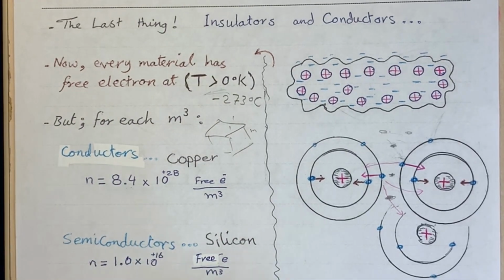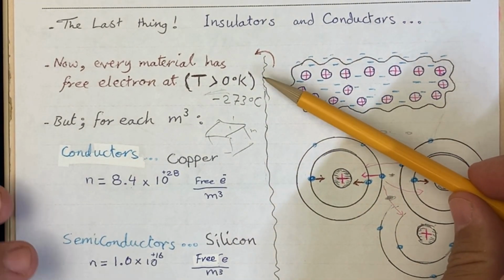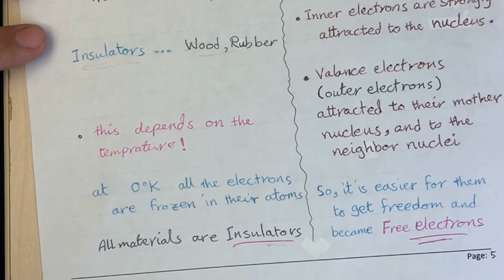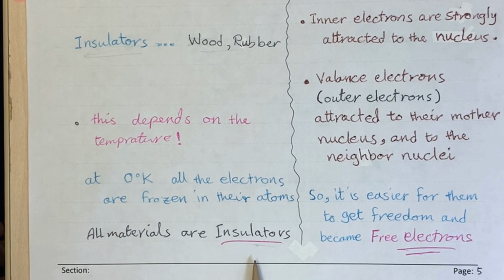At this temperature, everything is frozen, even the electrons. We don't have free electrons at 0 Kelvin. So all the materials will be the same. There is no conductivity and all of them are insulators.